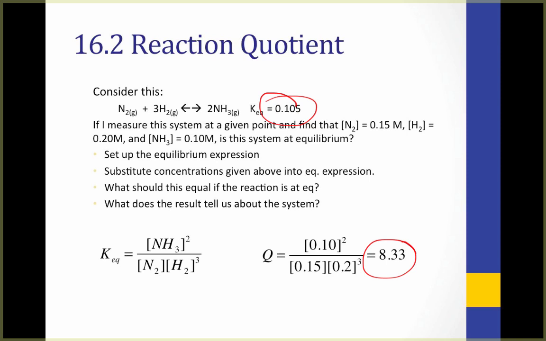Well, this means that our numerator must be too large or our denominator must be too small. In other words, we have too much product and not enough reactant. So the system, in order to achieve equilibrium, will have to proceed in the reverse direction, thereby lowering the amount of product and increasing the amount of reactant in order to get Q to equal K.